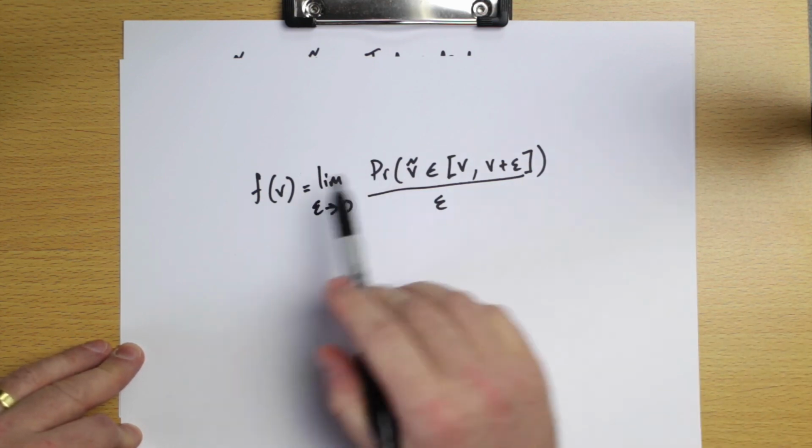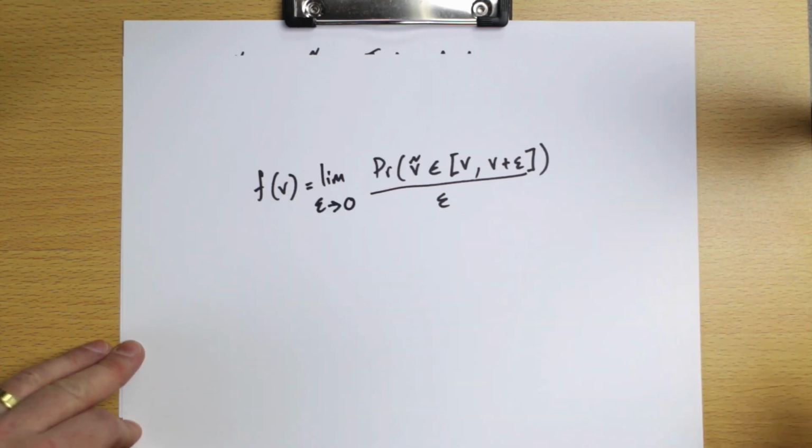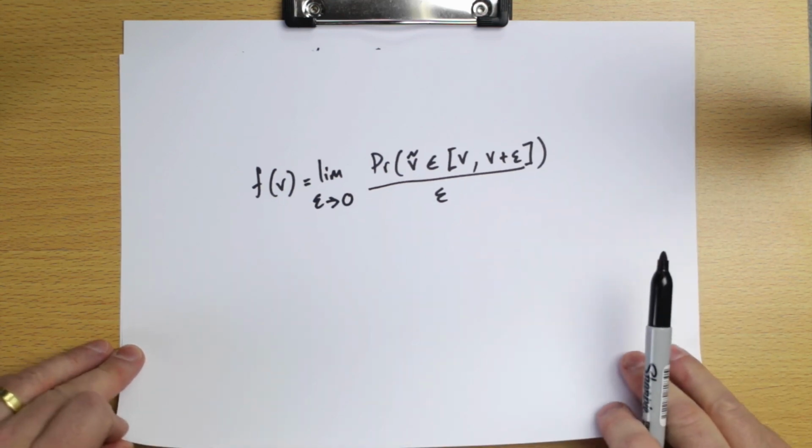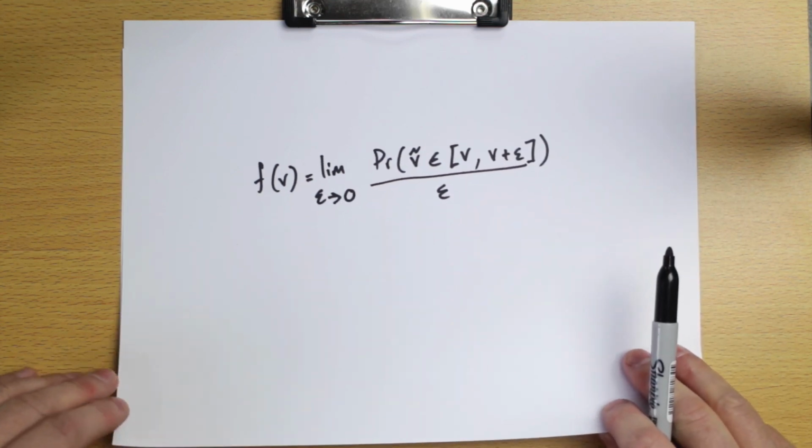Formally, this is what a density function tells us, which is essentially the derivative of the distribution function.